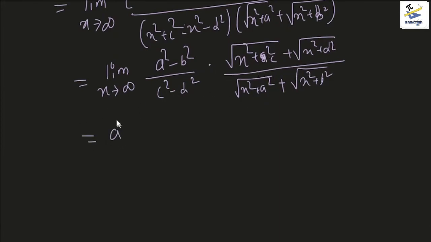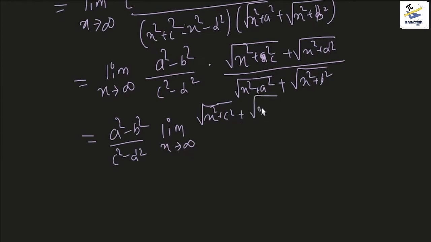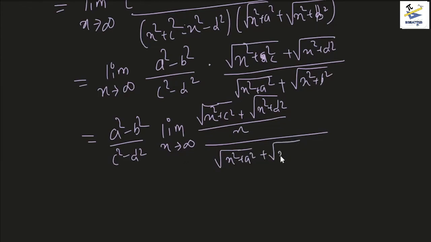So firstly we can take the constant out, and then we can divide up and down by x to get the following: root over x square plus c square plus root over x square plus d square whole by x divided by root over x square plus a square plus root over x square plus b square whole by x.